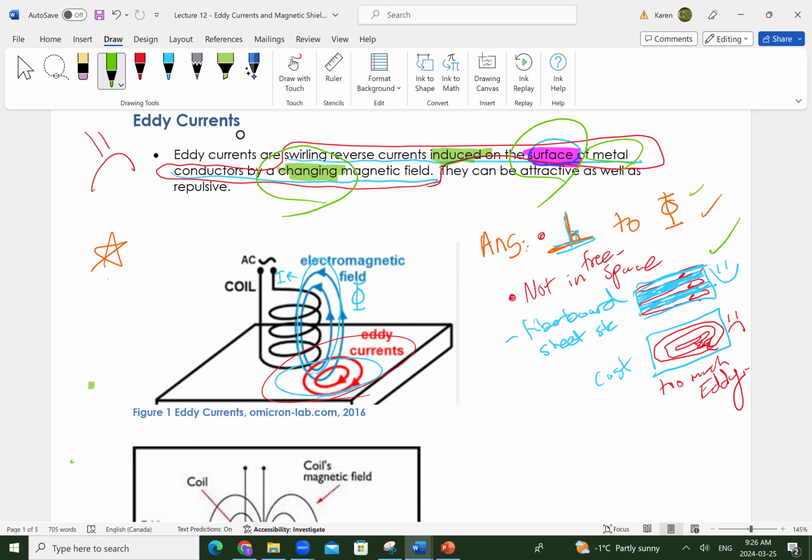So this magnetic field, what do I mean by it changing? How can a magnetic field change? Calvin says changing current. Changing current how?